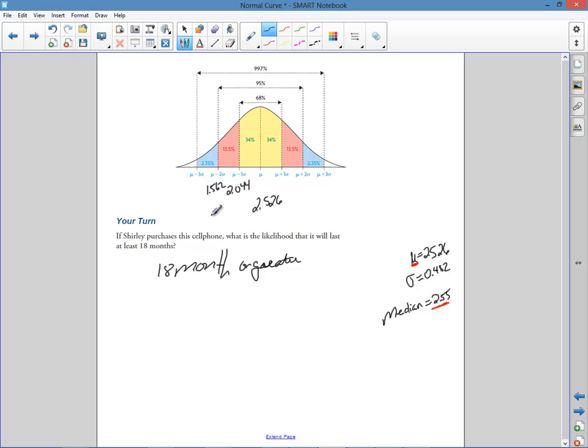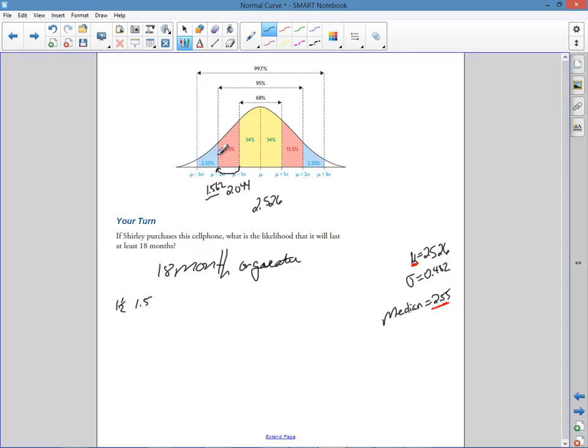So that's not 18 months. Remember, 18 months is 1.5 years. So now I move back another standard deviation, and here I'm hitting approximately 1.5 years.